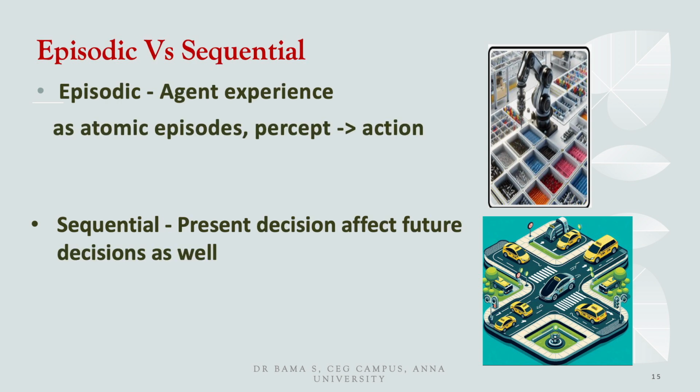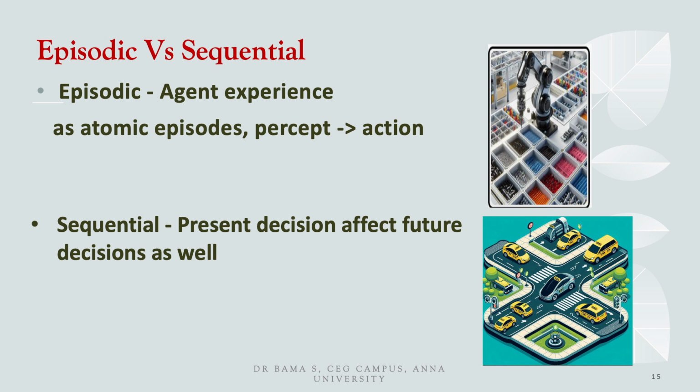Another property is episodic versus sequential. In episodic, the agent experiences atomic episodes, in the sense that the perception is only one atomic instance. Say, for example, if we take the part picking robot, it sees one part and it does only one action according to that.